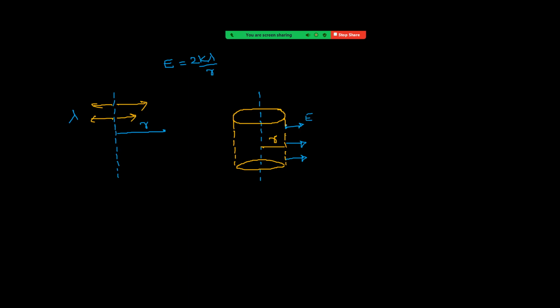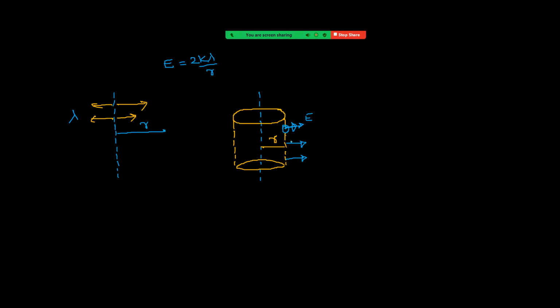And if you consider a small element, why are we taking a small element? Because the cylinder is a curved part. If you take a small area, that becomes a plane, and for that area vector, the outward normal is along E bar.